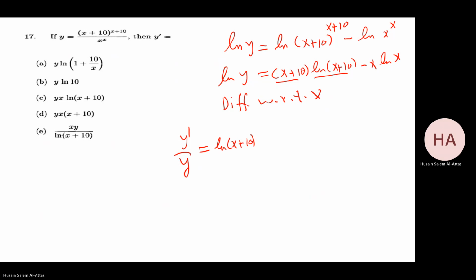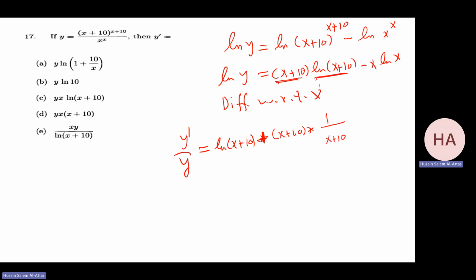Then x plus 10 times the derivative, 1 over x plus 10.